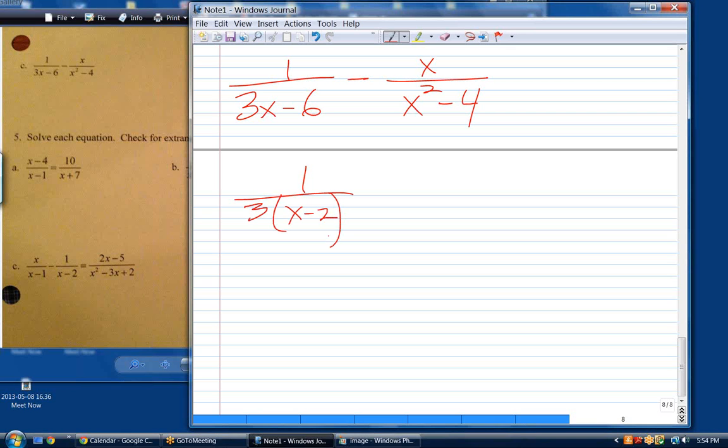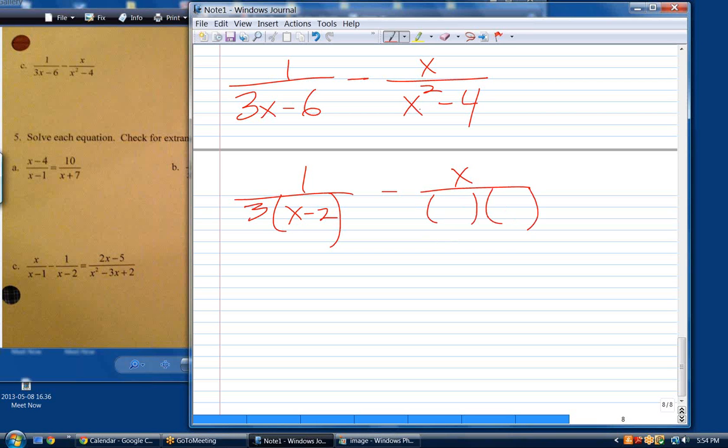You factor 3 out. Out of the right term's denominator, x minus 2, factor that for me. You could take x out. No, that's called what? The difference of squares.